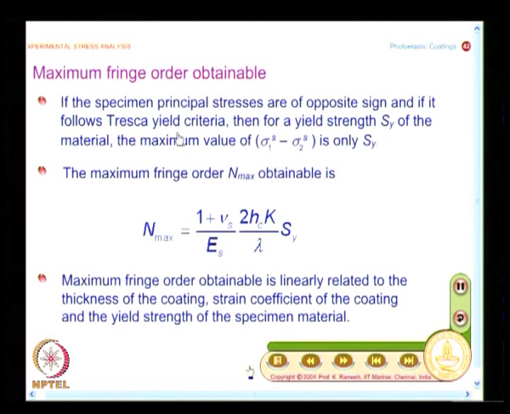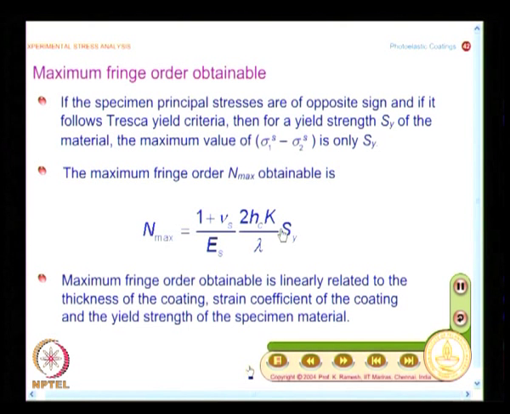So, what you have here is essentially we are going to get sigma 1 s minus sigma 2 s. Suppose I consider that these principal stresses are of opposite sign, and suppose the material follows the Tresca yield criterion, then for a yield strength Sy of the material, the maximum value of sigma 1 s minus sigma 2 s is only Sy.